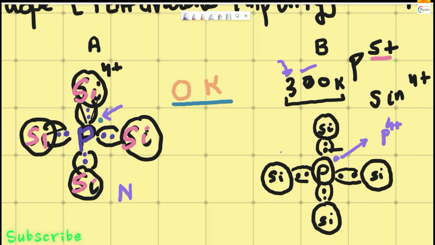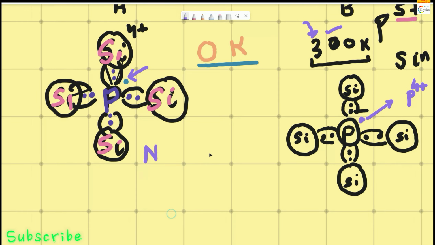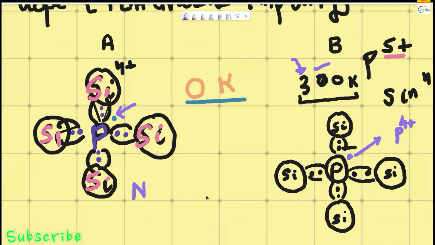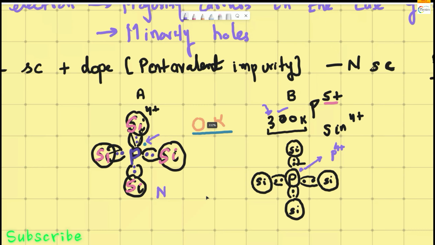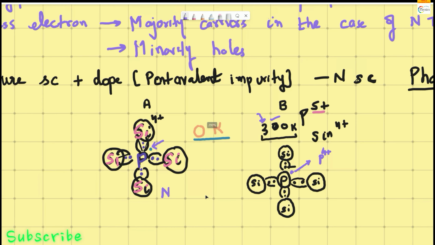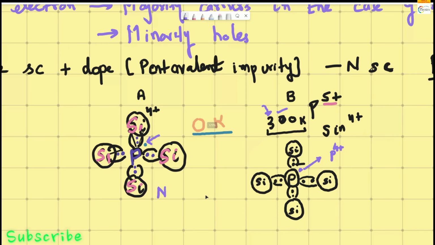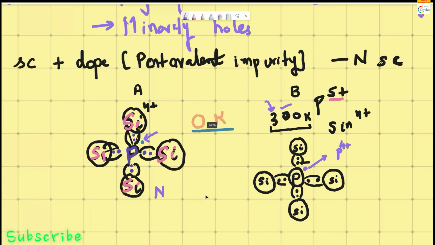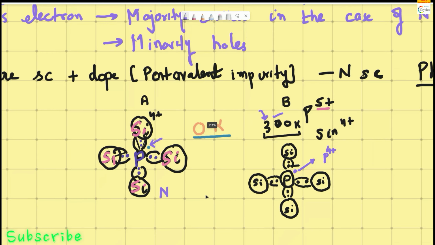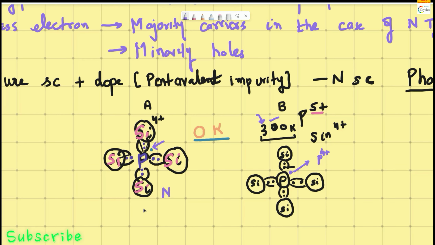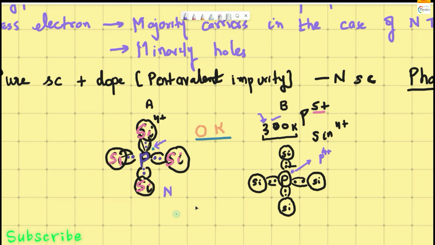Now this is the comparison between the two diagrams: one at 0 Kelvin, the other at 300 Kelvin. But this is not about understanding what n-type semiconductors are. You just know an n-type semiconductor is created by adding some phosphorus or another pentavalent element, such as antimony.